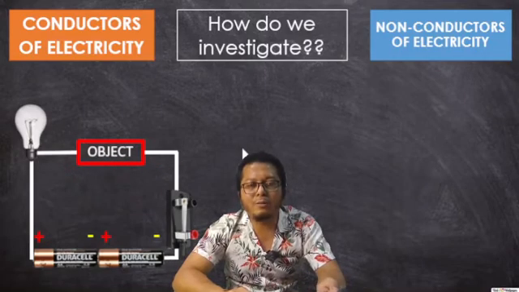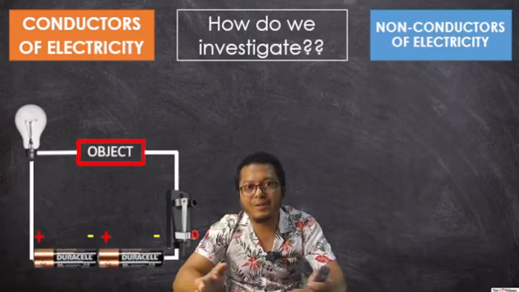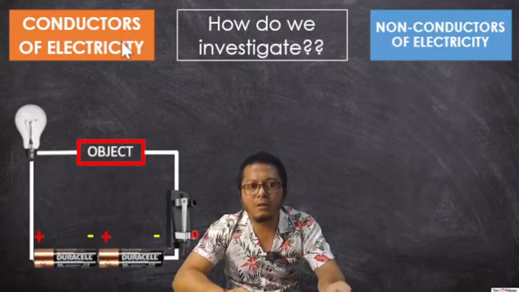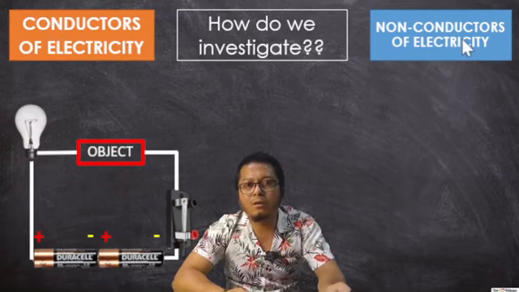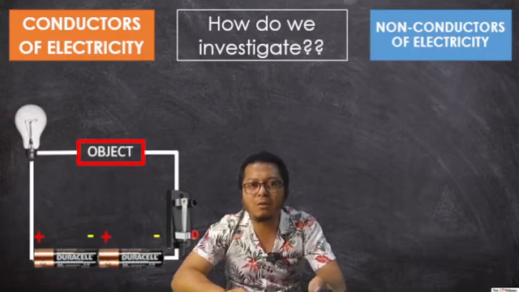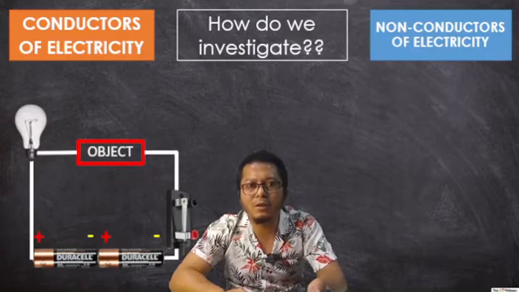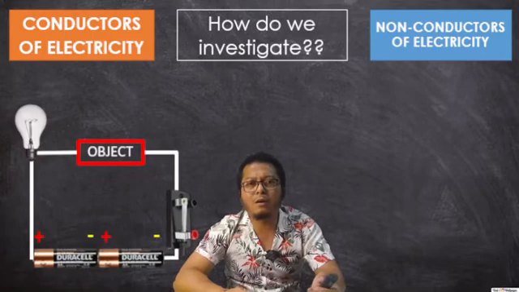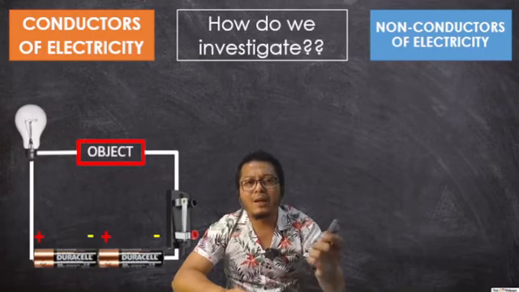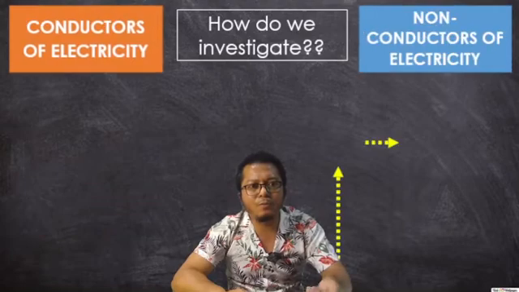And we will determine whether these objects are a conductor of electricity or non-conductor of electricity. So how do we know whether it's a conductor of electricity or non-conductor of electricity? Like we have learned before.